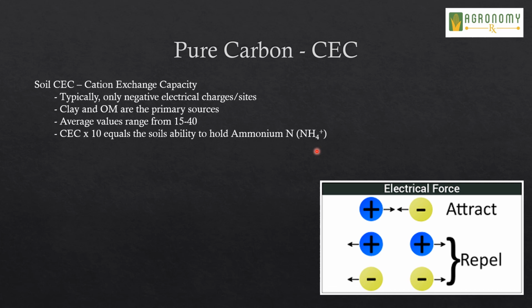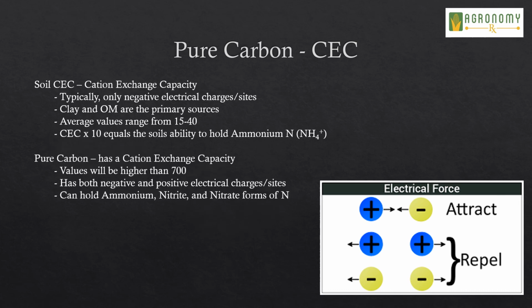So now let's look at carbon. Pure activated carbon, and there's very few of these out there yet. But pure carbon has a cation exchange capacity as well, and it is significantly higher than our soil. Pure carbon could have as much as 700 or higher exchange sites on it.